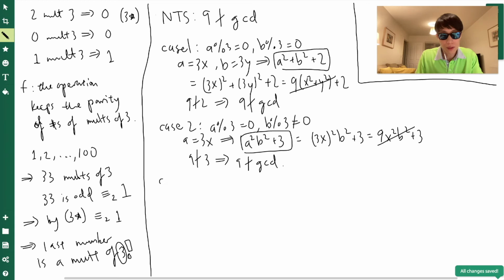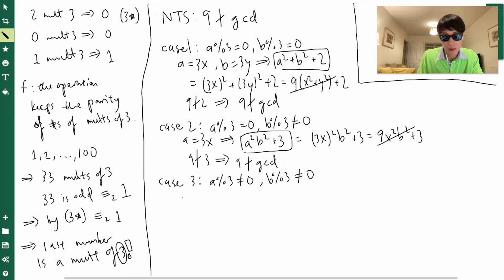And finally, we have our third case, which is a mod 3 does not equal 0, and b mod 3 also does not equal 0. Once again, let's take a look at this a squared b squared plus 3.